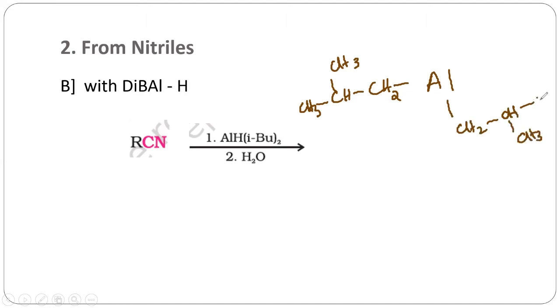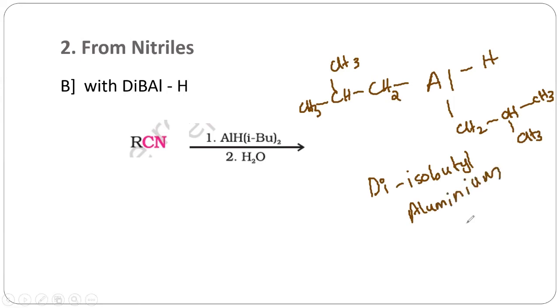So 2 of those valencies will be taken up by isobutyl groups and 1 valency will be taken up by hydrogen. So diisobutyl aluminium hydride. This is otherwise called DiBALH.